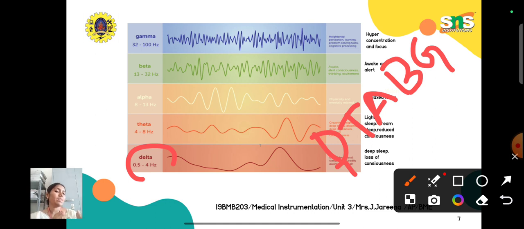That is the actual state of the brain that the waveform represents. So 0.5 to 4 hertz means the person is in deep sleep or loss of consciousness.